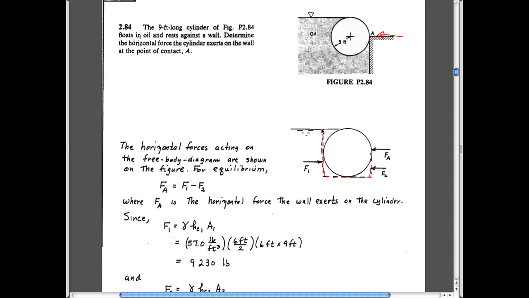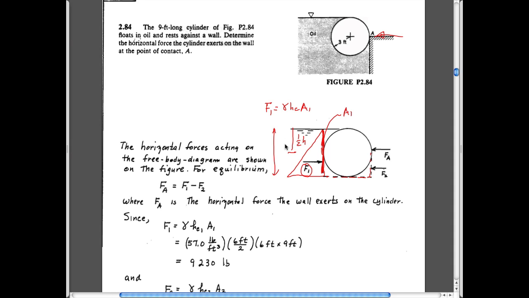What we do have to deal with is the fact that we expect to have a fluid pressure on the side of this fluid. We know how to calculate this because F1 is equal to the unit weight times the depth of the centroid times the area. This thing here, if I can do it in bold, is the area. The depth of the centroid is half h, if this whole thing is h.